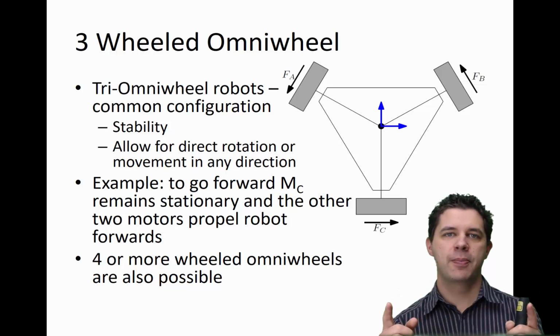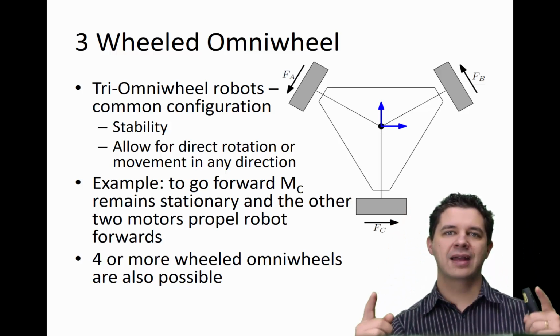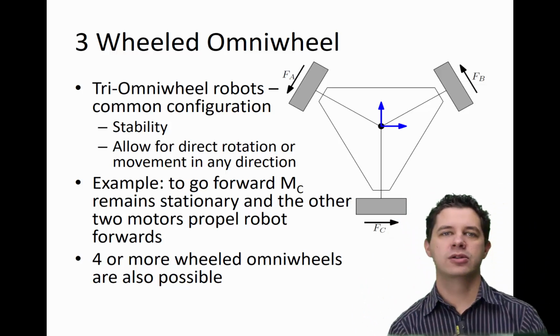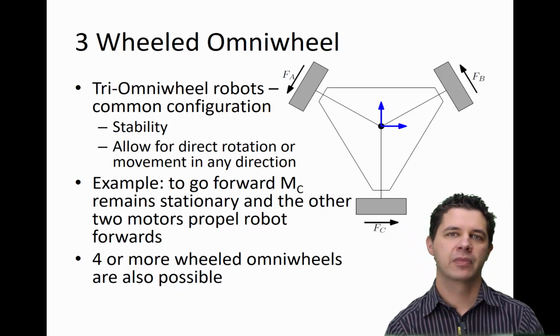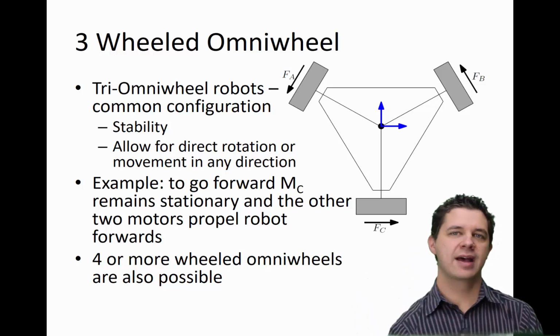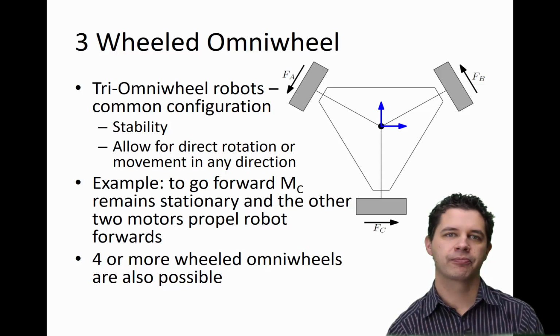And the other 2 motors propel the robot forward, and the inner wheels will be slipping against each other as the robot goes forward. If we want to turn on the spot, we turn all the motors in the same direction and that allows us to turn on the spot.